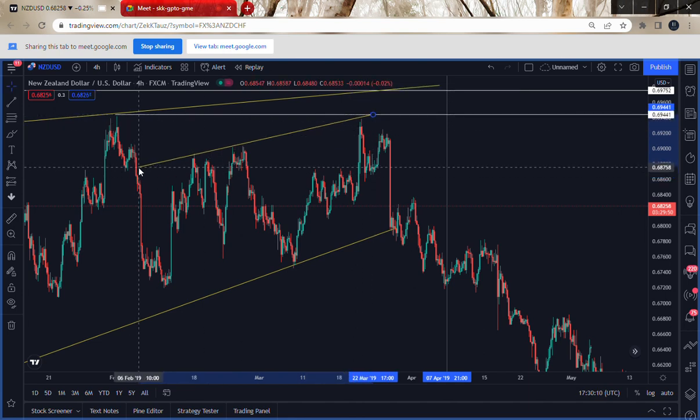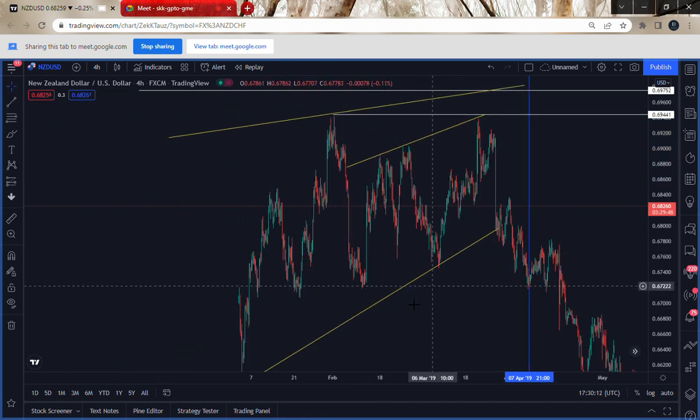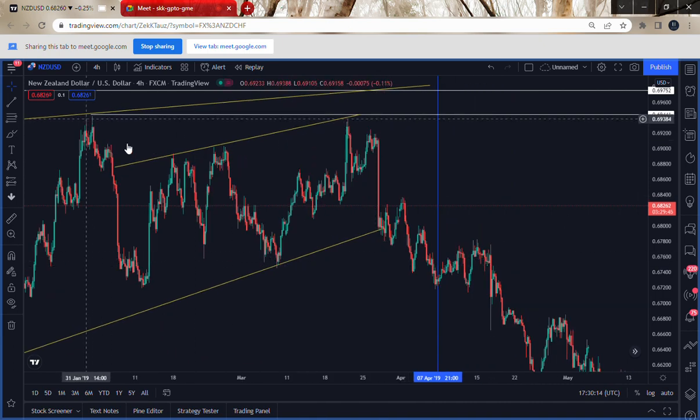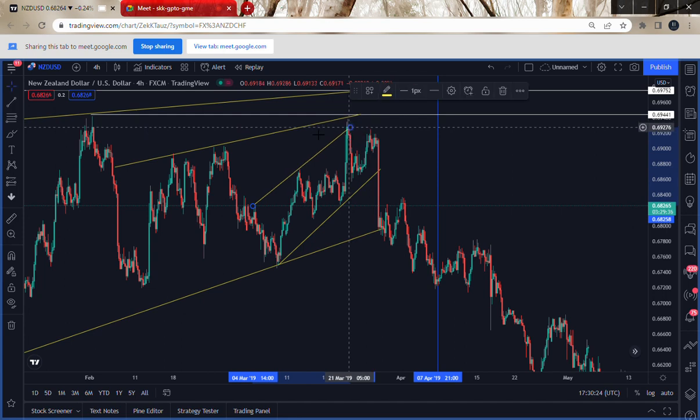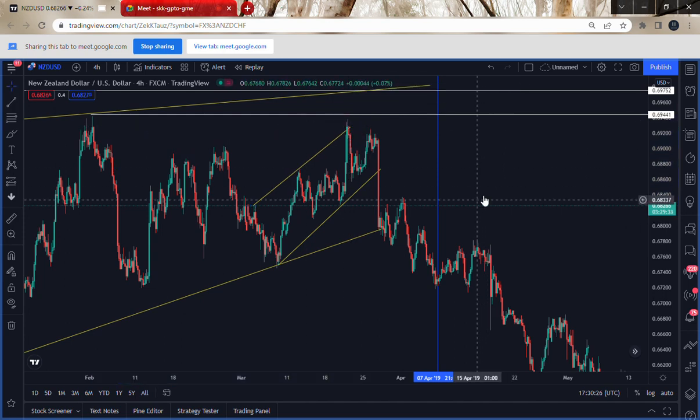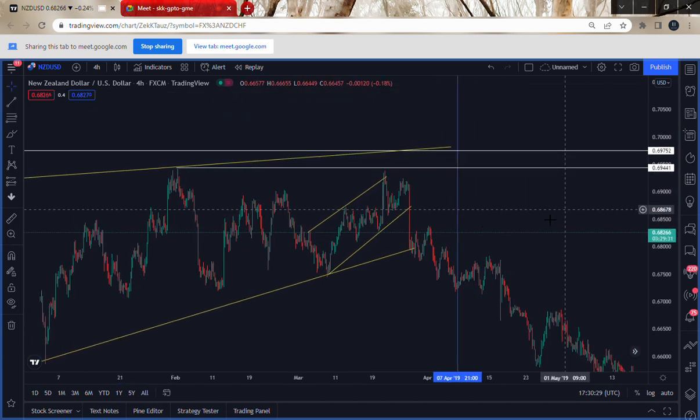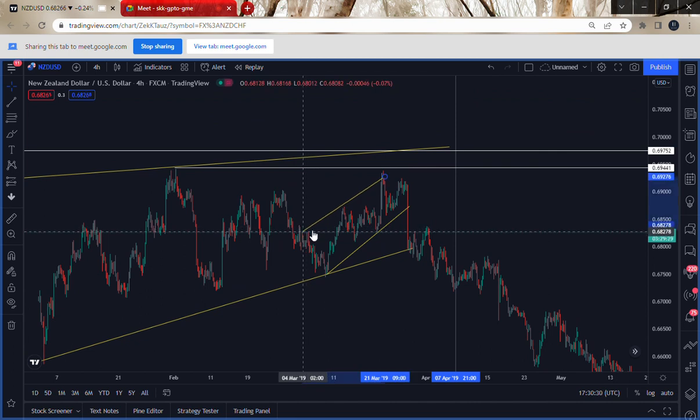So if I remove the bottom line, you can see what has been happening here. This is just the big impulse, and then this is the correction. And then now here also on the last part, just to keep it clean, let me remove this one. So this is our last part.